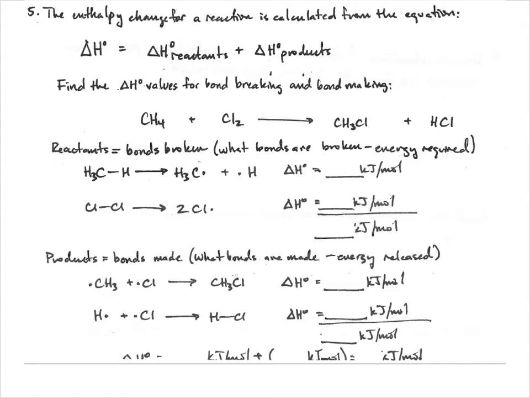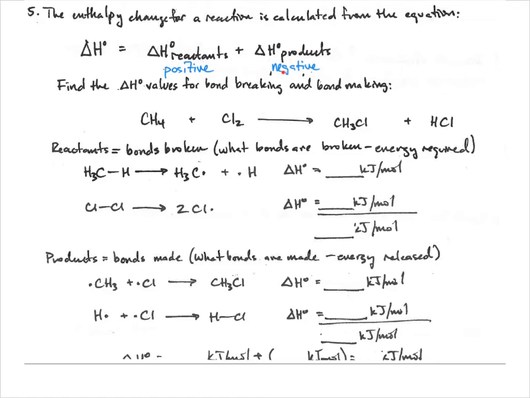So generally speaking, the values from the table we're just going to keep positive, because in the reactants we have to break bonds, so we have to put energy into the system.